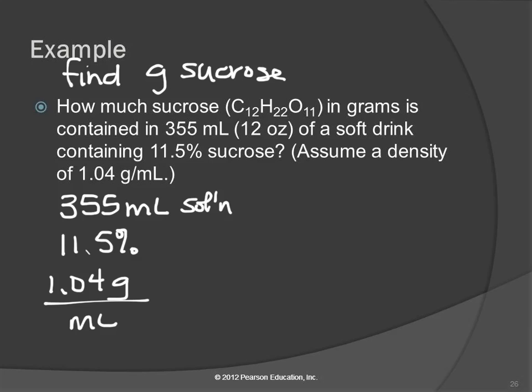What does this percent tell us? This tells us 11.5 grams of solute per what? Per 100 grams of solution, because that's what percent means, per 100. So 11.5% means 11.5 grams of the solute per 100 grams of solution.